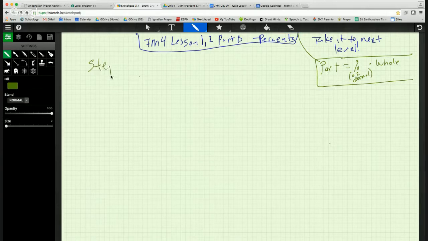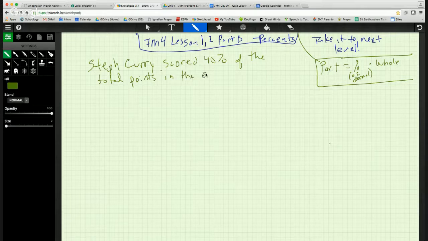Steph Curry scored 40% of the total points in the game. He scored 46 points. So that's just, is that all of the points or is that just part of the points?